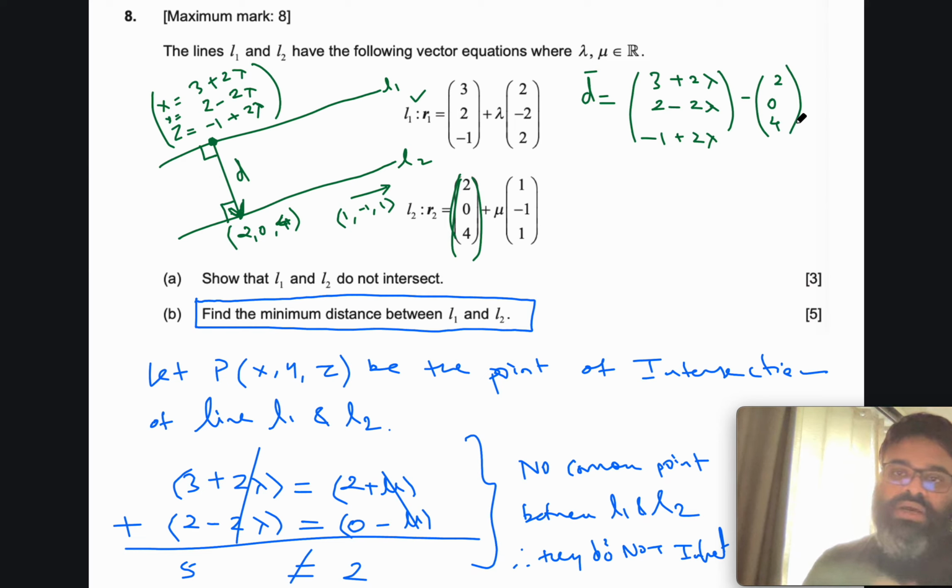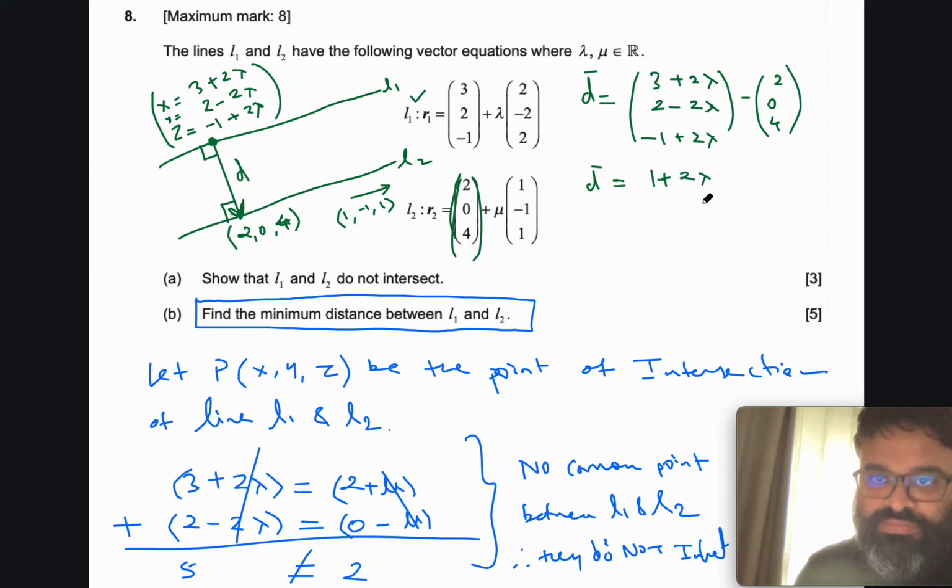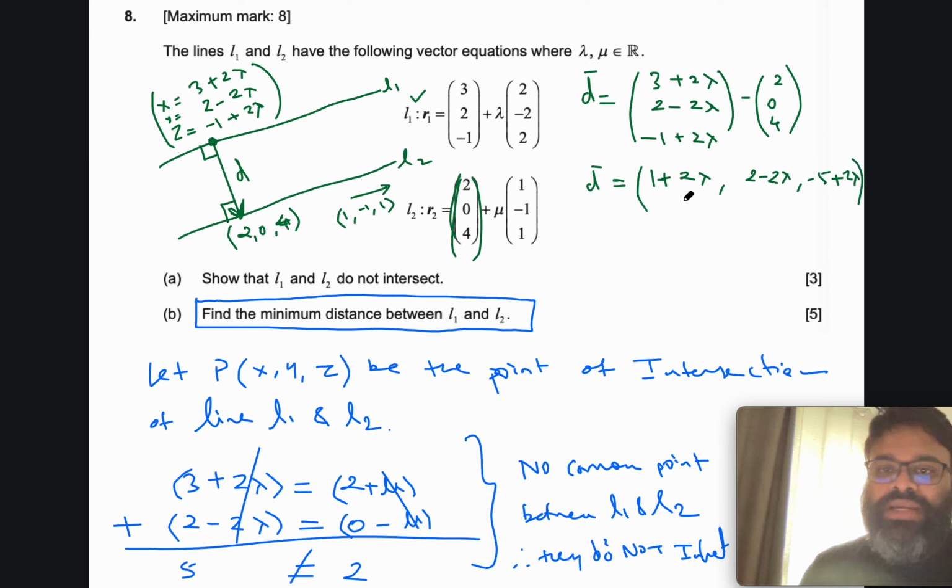Okay, so now I get the D bar, the vector here: 3 minus 2 is 1, 1 plus 2 lambda. 2 minus 0, this is 2 minus 2 lambda. And this is minus 1 minus 4, which is minus 5 plus 2 lambda. That's your vector D.